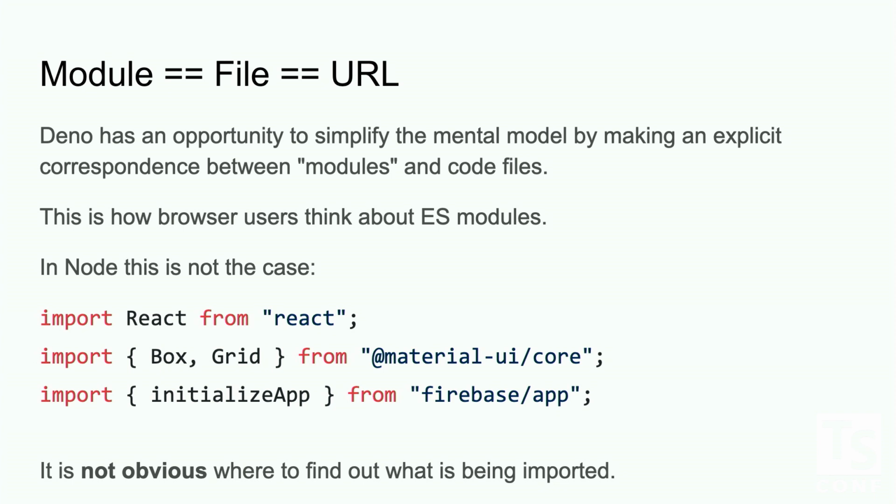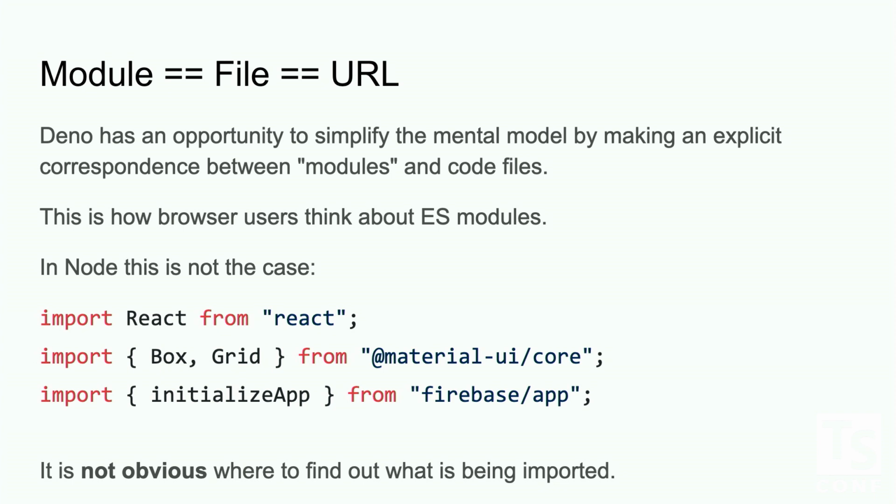So yeah, there's kind of this esoteric point that I want to make. It's that in Deno, we treat modules and files as the same concept, which is not exactly what you see in Node, right? In Node, you have bare URLs. But even if you're doing a relative URL, you leave out the file name extension.